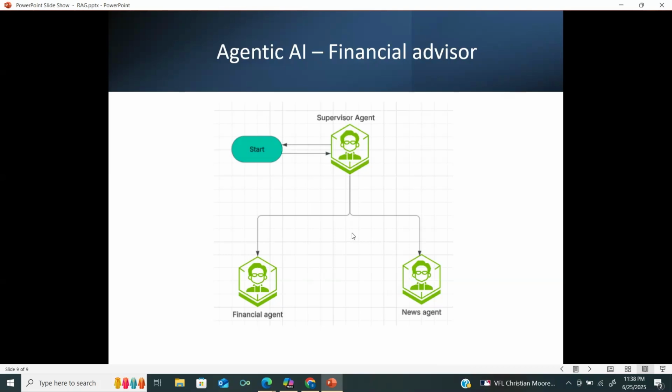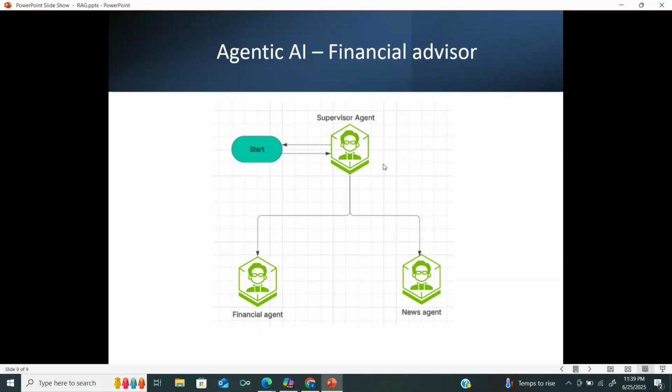The data which is provided by the financial and the news agent will be called by the supervisor agent, and the supervisor agent will analyze that data. If it requires any additional information, it will do a follow up to both of the agents, and then retrieve the data again from the financial or the news agent if required.